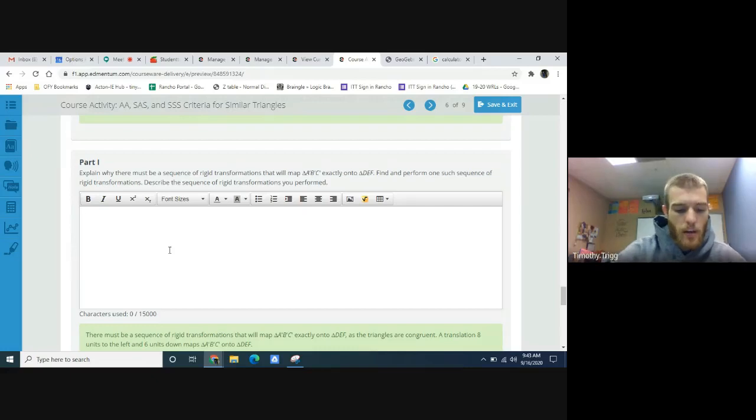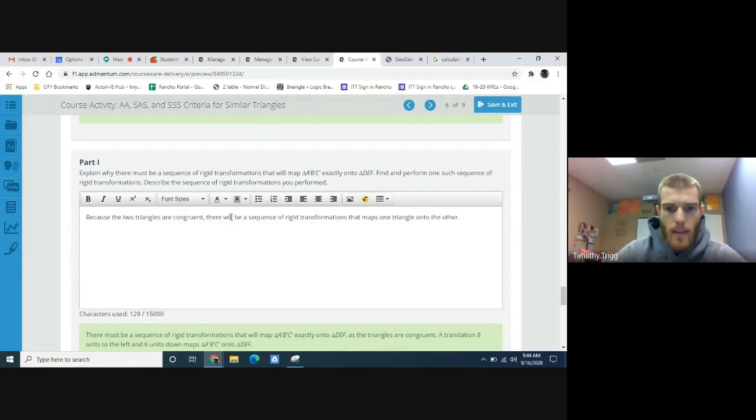Well, because the two triangles are congruent, there will be a sequence of rigid transformations that maps one triangle to the other. All right, cool. And then they want you to perform it.